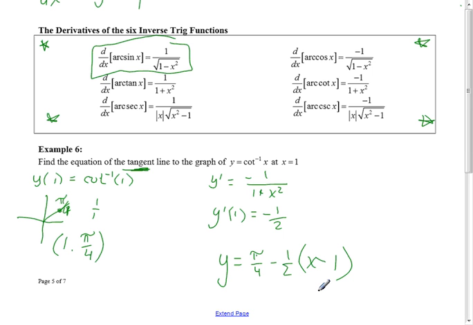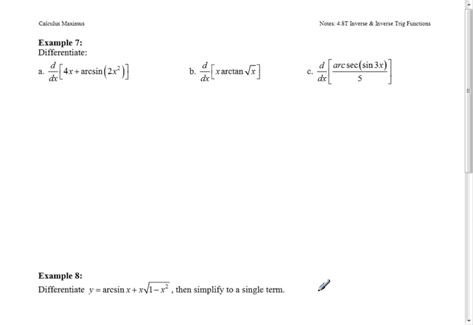Let's keep going. We have a couple here. We just need to differentiate, and you really just need to know the derivatives of these functions. Look here, we have a chain rule application in this problem. The first part's easy, it's just 4. Now we know that this is 1 over the square root of 1 minus, and in ours we had x squared, but it's not x in this case, so we just have to write 2x squared.